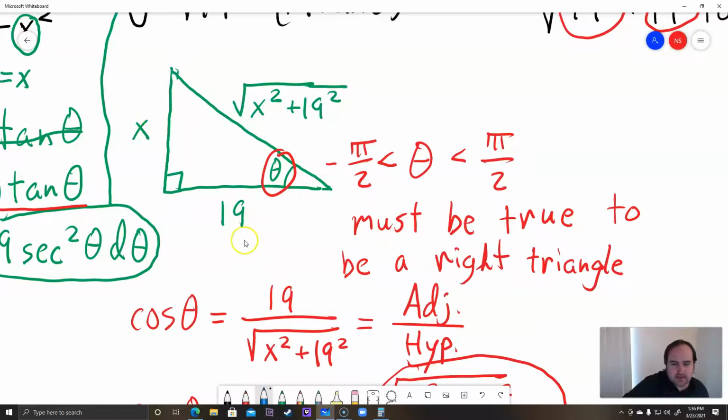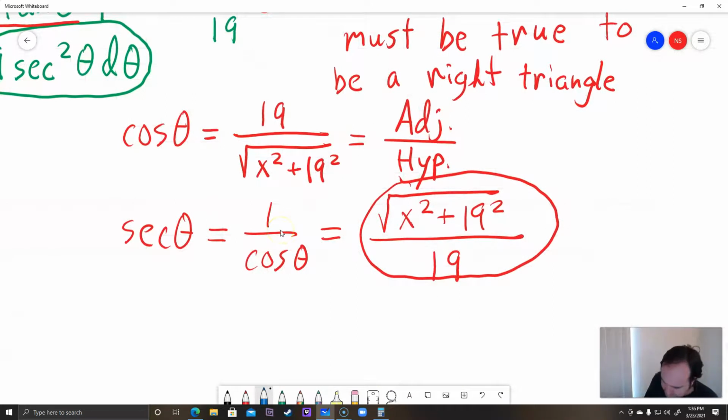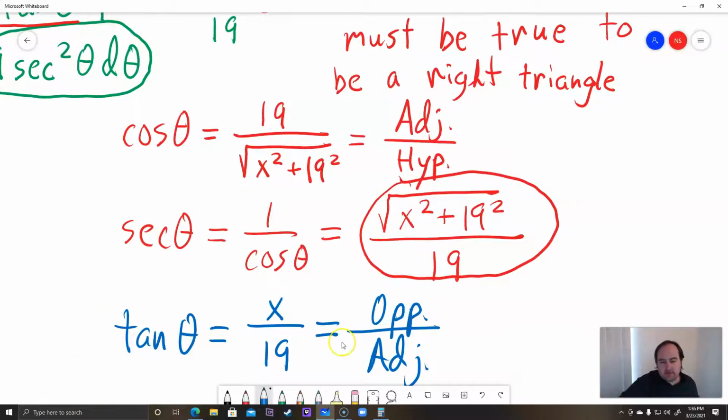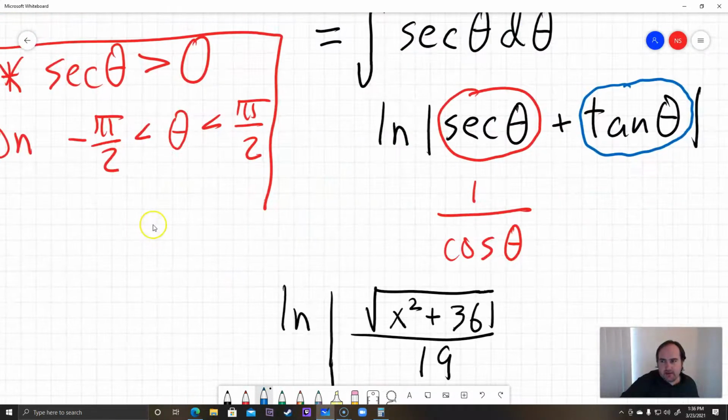So tangent of theta equals x over 19, because that's opposite over adjacent for the right triangle I drew.